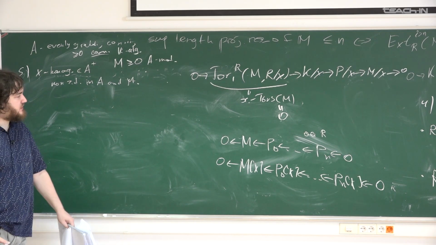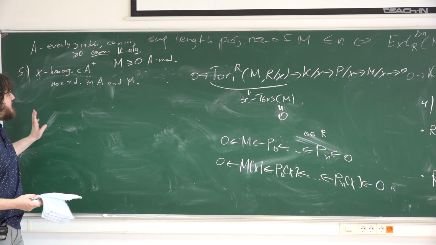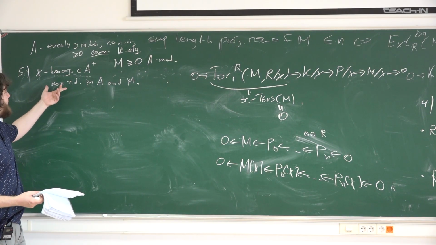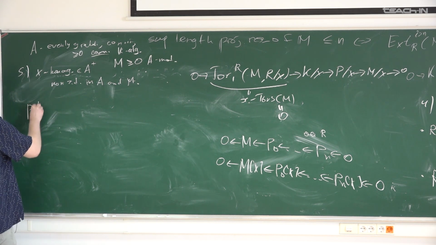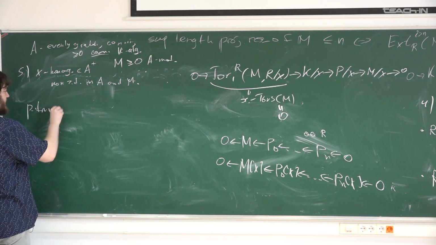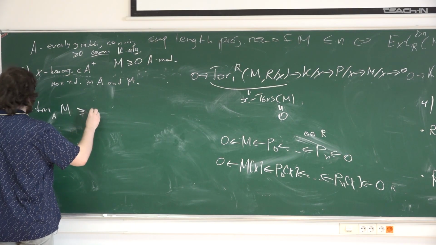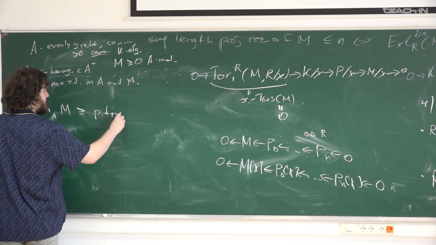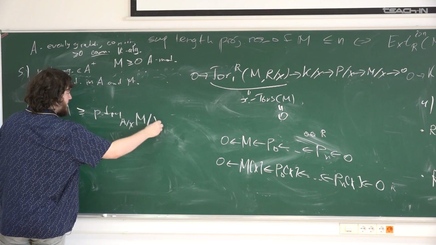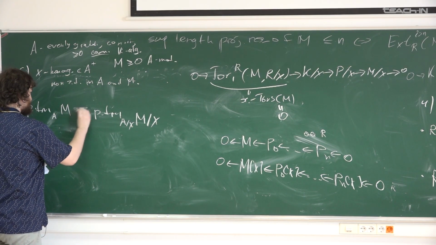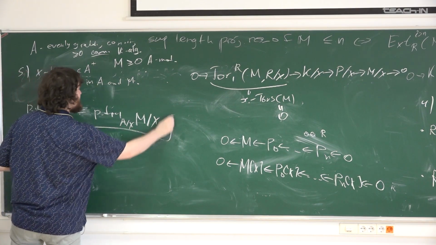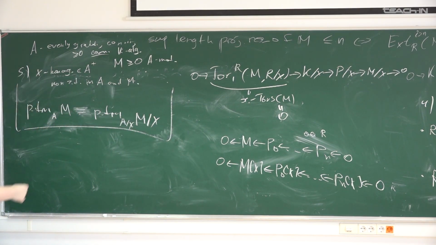We proved some minutes before that in general in this situation, if X is a non-zero divisor in A and M, then the projective dimension of M over A is not less than the projective dimension over the quotient. But in fact in this situation there is equality. So we need to check the opposite inequality.